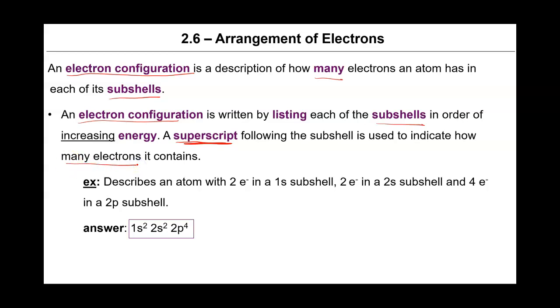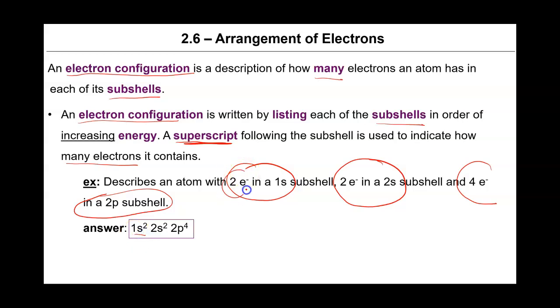So an example of this would be if we were asked to describe an atom that has 2 electrons in a 1s subshell, another 2 electrons in a 2s subshell, and then finally 4 electrons in a 2p subshell, we would write this: 1s2, and you can see the 2 is a superscript indicating that we have 2 electrons in that subshell, followed by 2s2 again, because there are 2 electrons in that 2s subshell, and then finally 2p4, because the 2p subshell has 4 electrons in it.